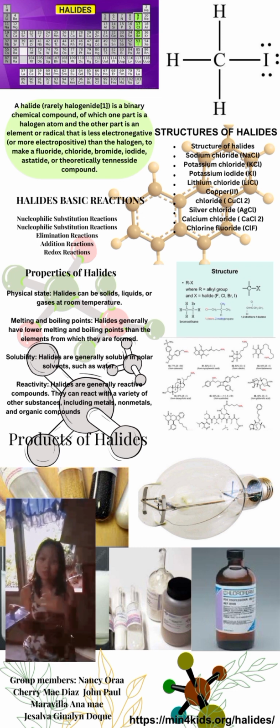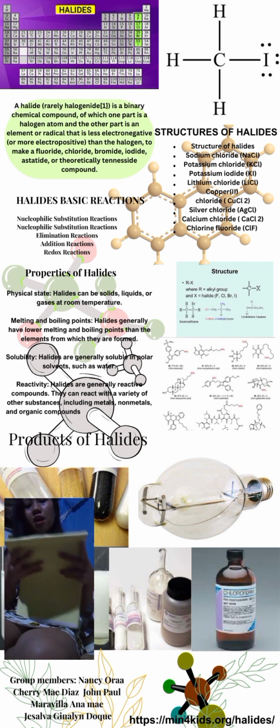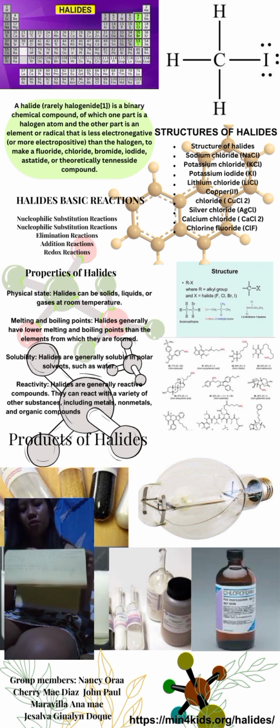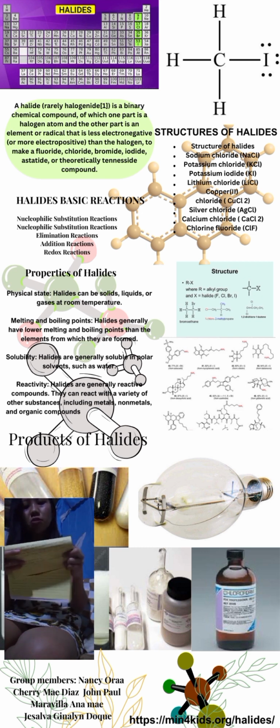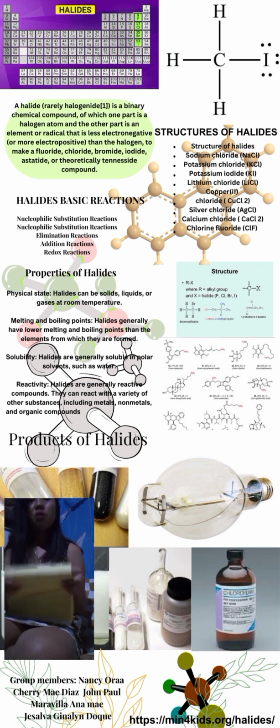Hello everyone! Today I will discuss halide as one of the functional groups assigned to us. Halide product. Organic halide compounds consist of one or more halogens and belong to a class of synthetic and natural chemicals.